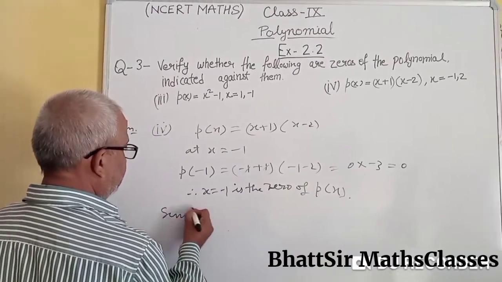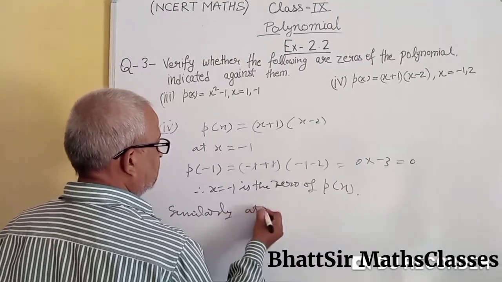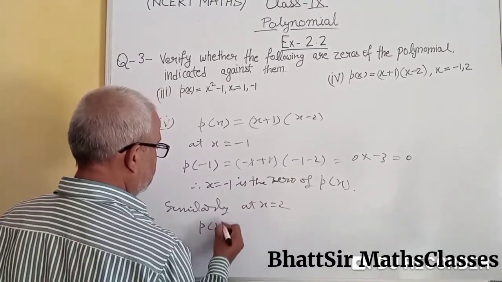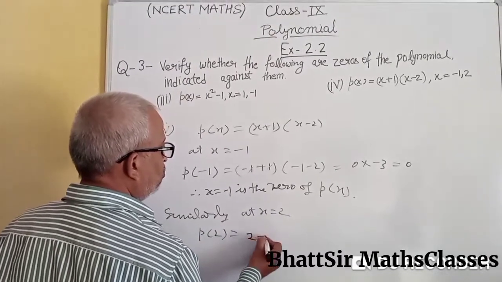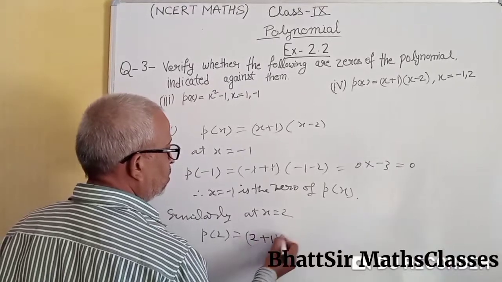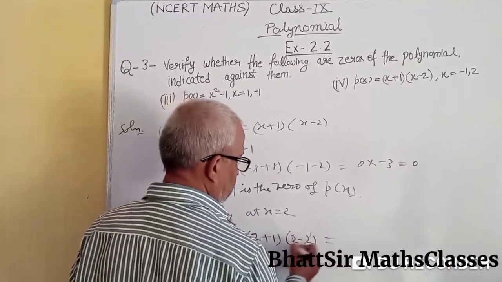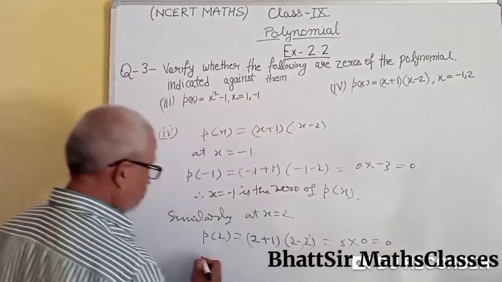Similarly, at x equal to 2, P(2) equal to (2 plus 1)(2 minus 2), equal to 3 into 0, equal to 0.